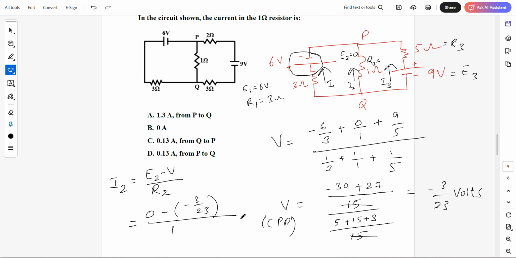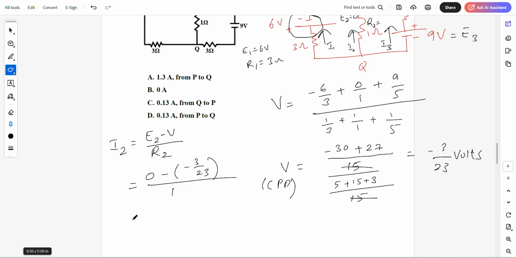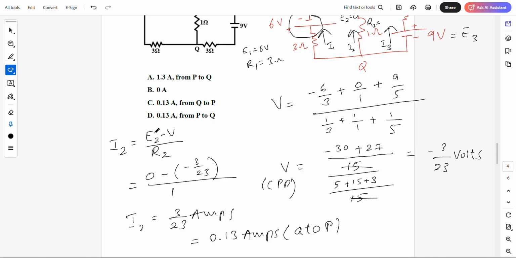That is I2 is equal to 3 by 23 amperes, approximately 0.13 amperes. It is flowing from Q to P only, so what we assumed is correct. Okay, 0.13 from Q to P.